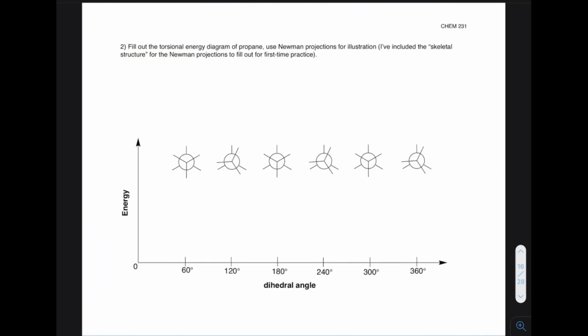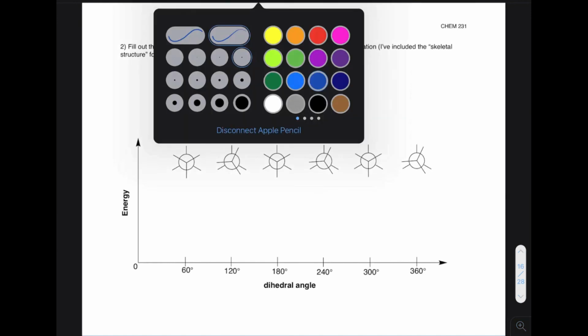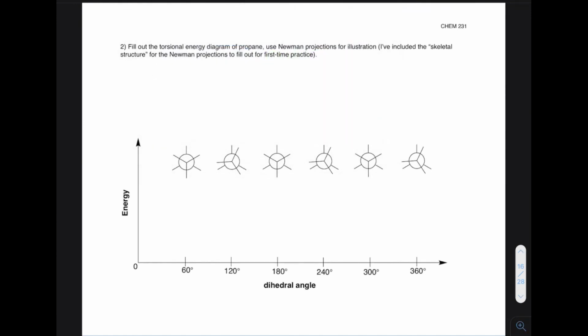And for the second example, we're going to be filling out another torsional energy diagram, this time of propane rather than ethane, okay? And I've included some bare bones skeletal structures of Newman projections, so you can fill that out on your own and get some practice with doing Newman projections.